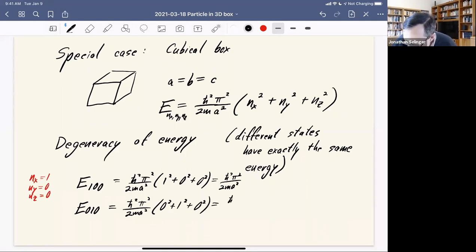So that's the same thing. And of course, E sub 0, 0, 1 is also the same. So we would say these 3 things are degenerate.